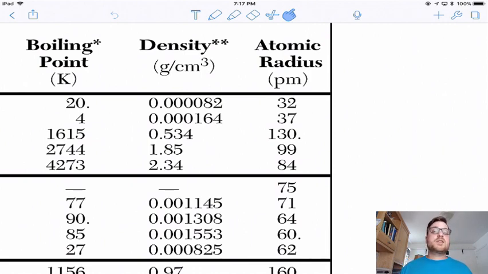But again, since they're all in the same group, F, Cl, Br, and I are all in group 17, and since they're all negatively charged ions, they're going to get bigger proportionally to how big they were to begin with. F minus isn't going to be drastically bigger than chlorine. It just can't, because chlorine naturally is bigger than F. The fact that it becomes negatively charged doesn't make it a million times bigger all of a sudden.